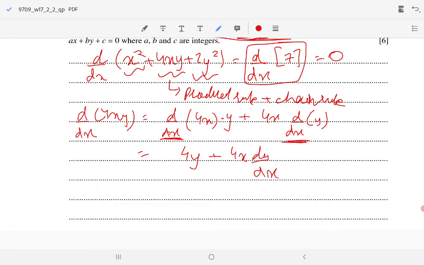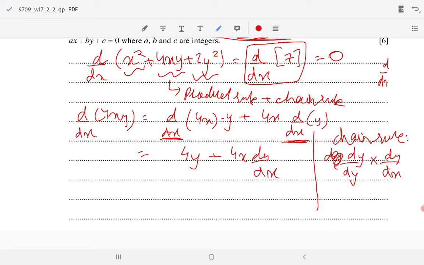We get dy dx because of the chain rule: the derivative of y with respect to y multiplied by dy by dx. Just like the derivative of x is always 1, the derivative of y with respect to y is 1 multiplied by dy dx, which is dy dx.